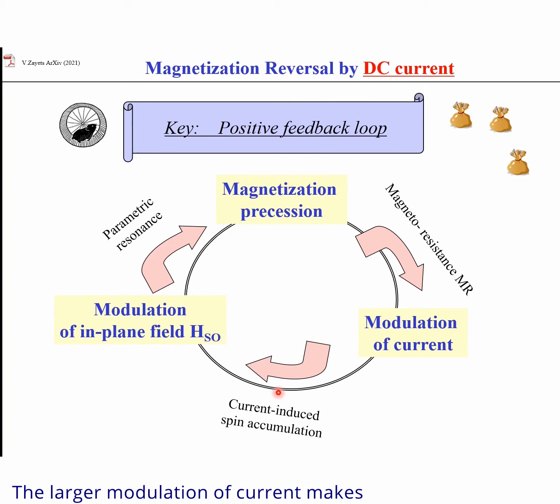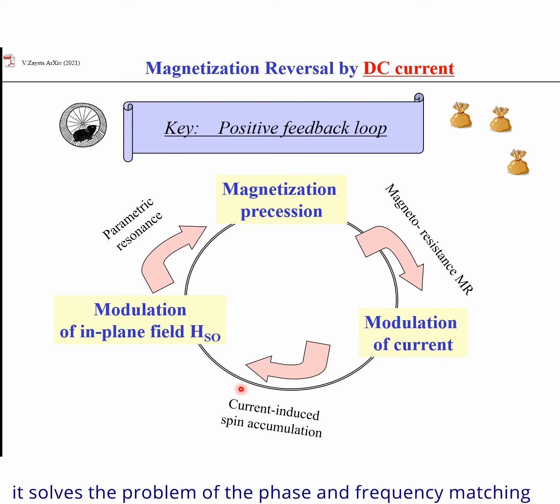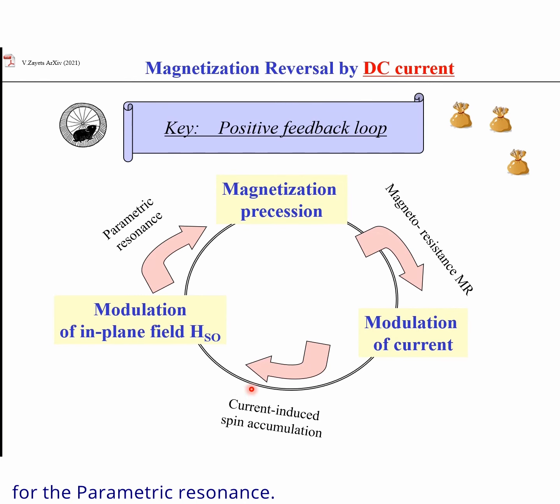The larger modulation of current makes an even larger modulation of its STO field. The positive loop not only enhances a thermal magnetization precession until the magnetization reversal, it also solves the problem of the phase and frequency matching for parametric resonance.